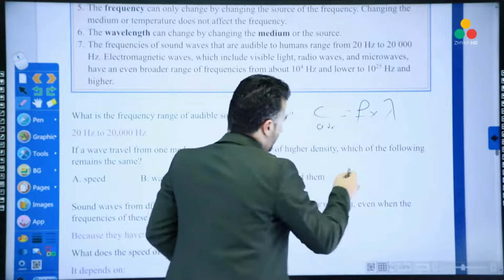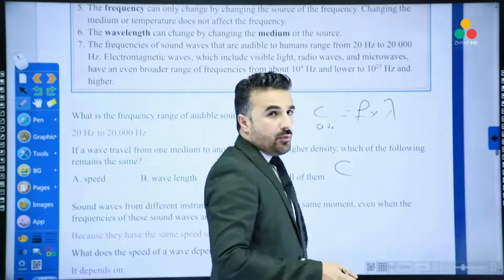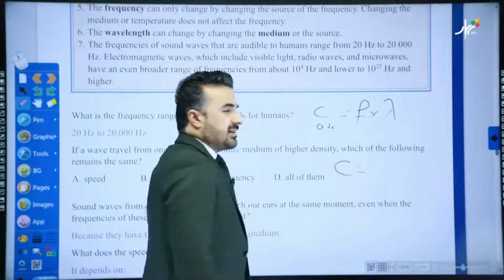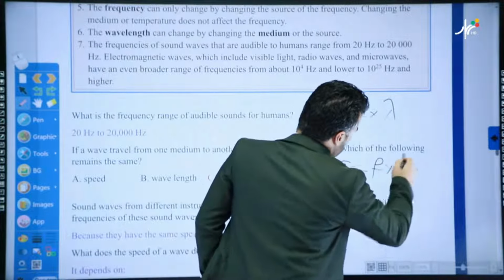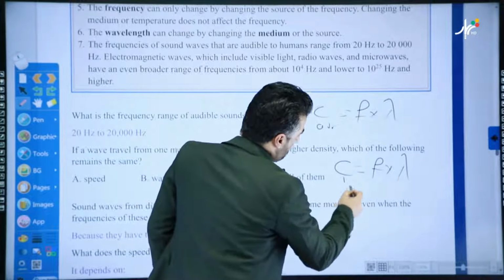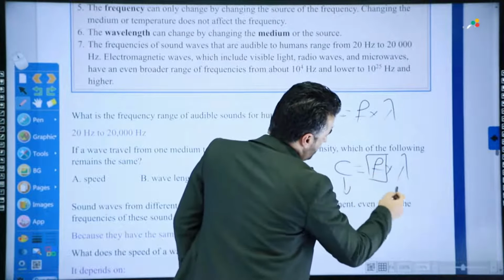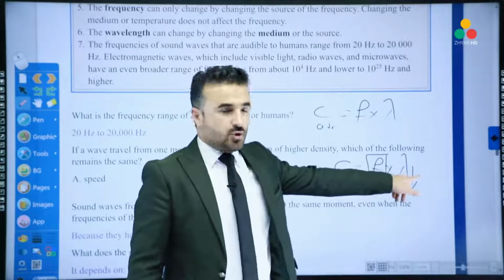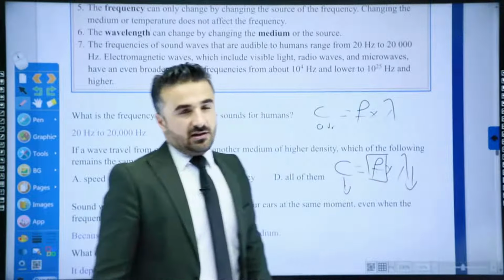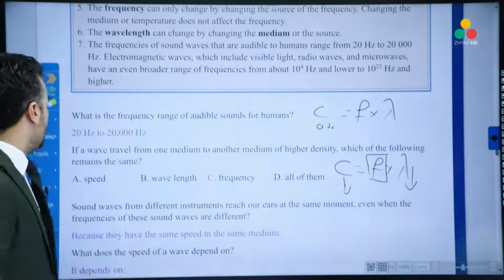In water, or in a transparent solid, the speed of light will be slower. So speed equals frequency times the wavelength. If it is going to be slower, and frequency never changes, then it must be because the wavelength gets shorter. That is why the speed slows down or becomes less.